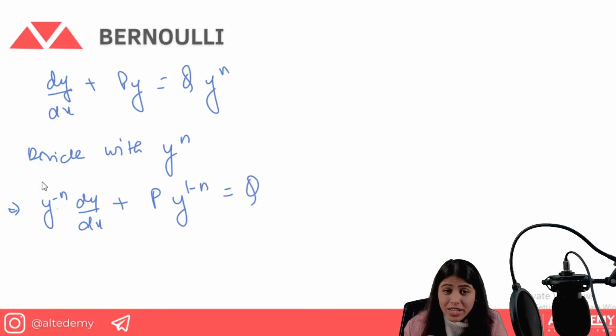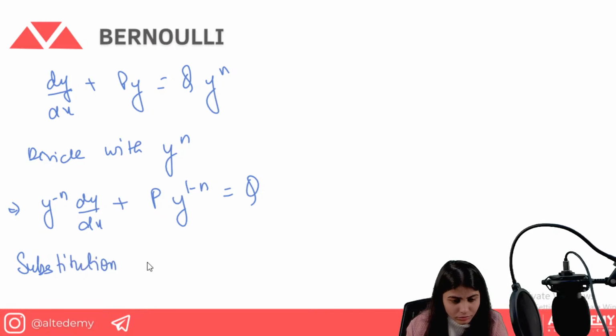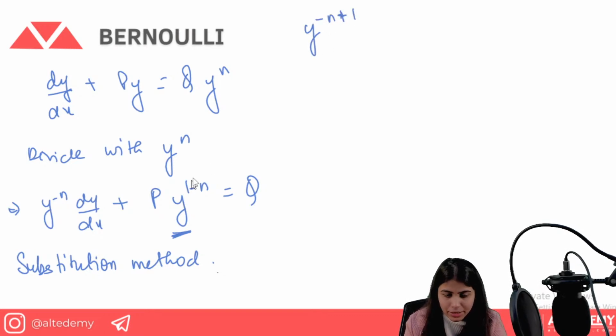Now what is the step? You can use the substitution method here. What we take here is, this y to the power 1 minus n, we can write as y to the power minus n plus 1, just writing it in the standard form, nothing has been changed, is equals to v.